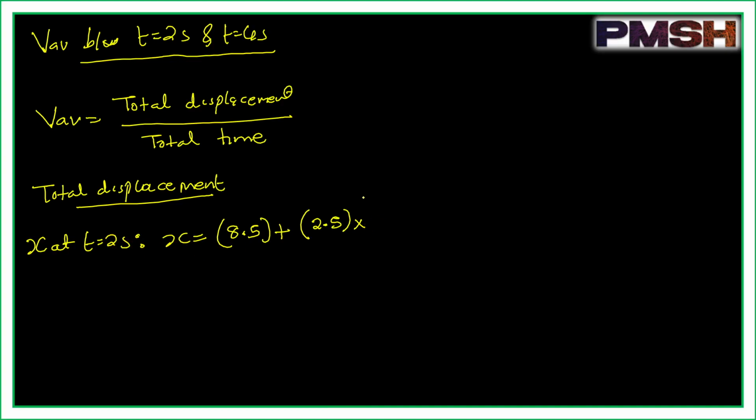So we have to put 2 square. So this is going to be 8.5 plus 2.5 multiplied by 4. What is 2.5 multiplied by 4? That is going to be 10. So the answer is 18.5 meters. That is the displacement at t is equal to 2 seconds.